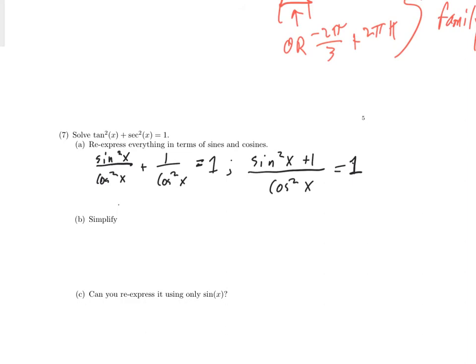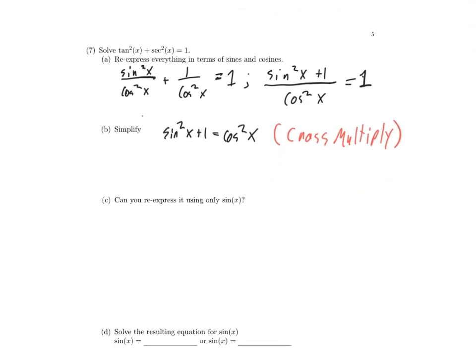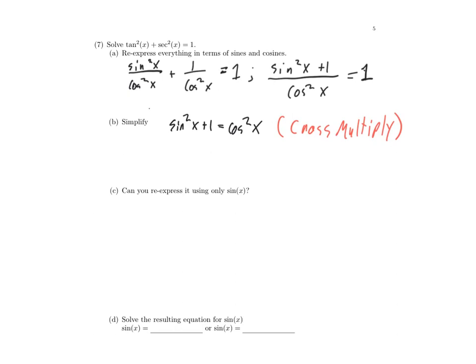Let's rewrite that as sine squared x plus 1 is equal to cosine squared x, cross-multiplying. All right, so again, this involves both sines and cosines. So let's try to make it so it doesn't involve both. How can I do that?